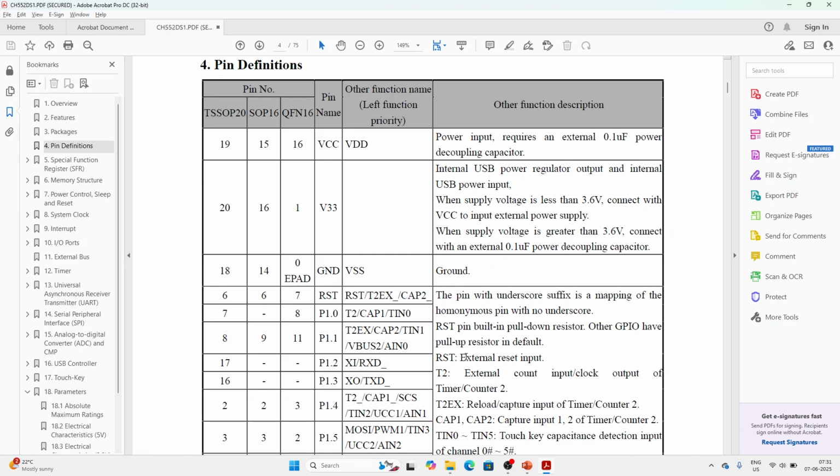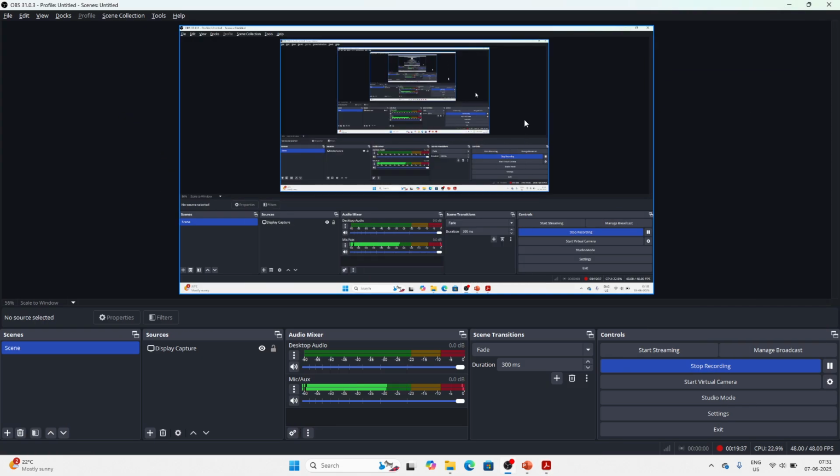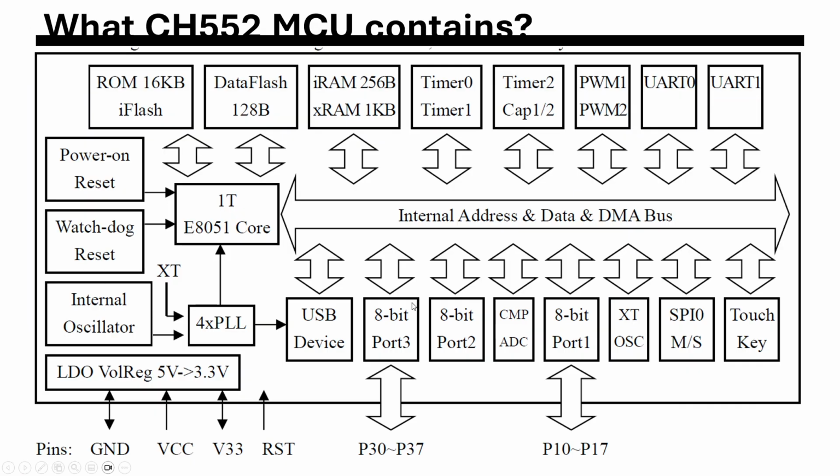So we have to use the internal clock, or internal crystal. Again, we have looked at the features of this chipset, and no need to visit it again.